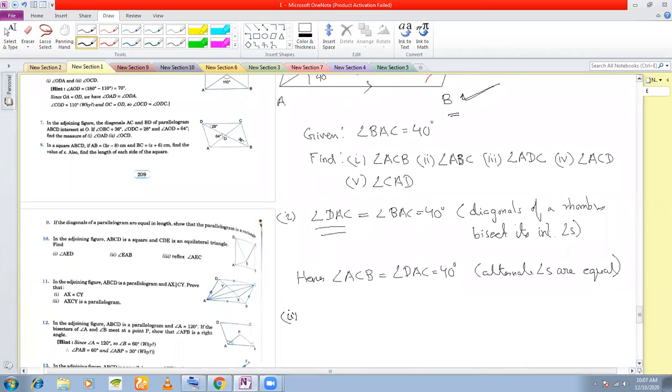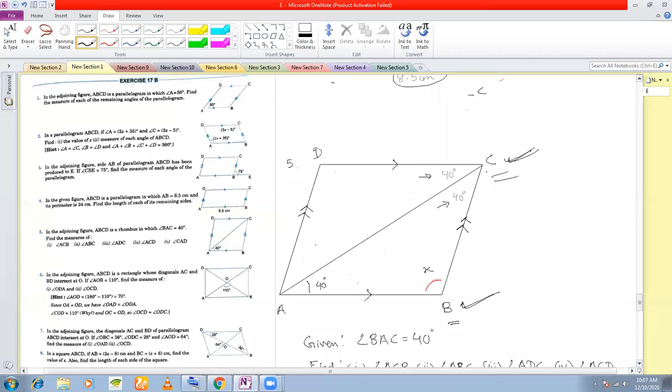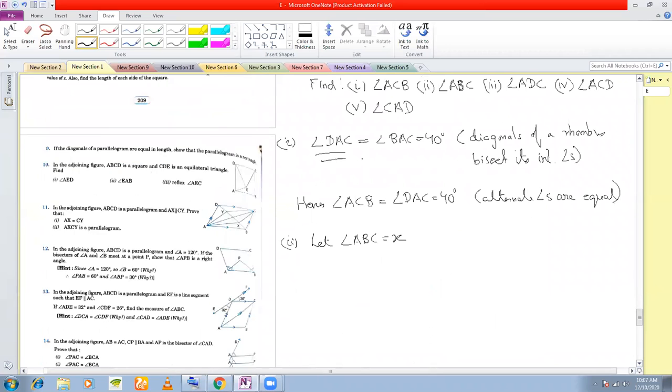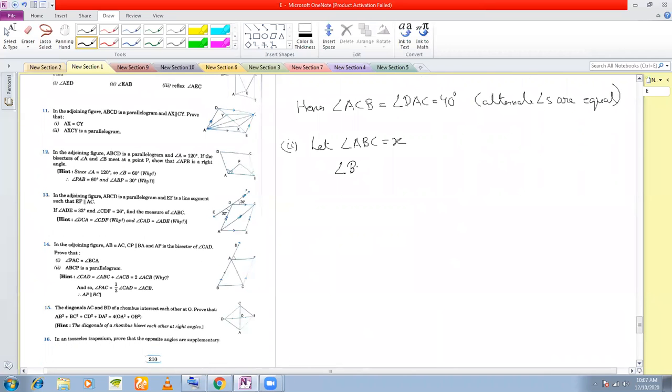Number 2, I need to find angle ABC, so let angle ABC equal x. Okay, so now let us find out angle C, or angle BCD, or angle DCB. Angle BCD is equal to 40 plus 40 equal to 80, right?